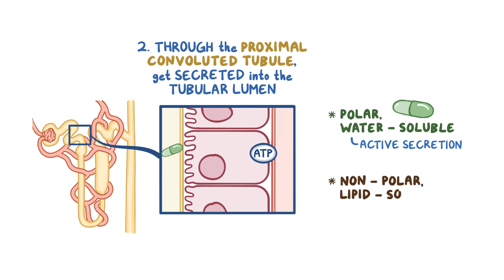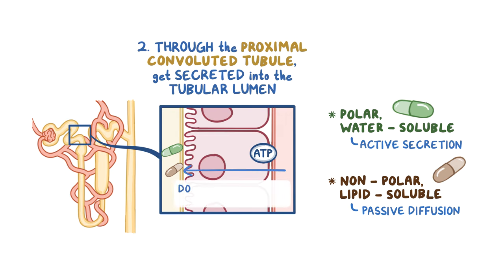Nonpolar lipid-soluble drugs, on the other hand, are secreted into the proximal tubule via passive diffusion, meaning without requiring any energy. That's because they can pass through the cell membranes easily, so they just move down their concentration gradient from the peritubular blood into the tubular lumen.